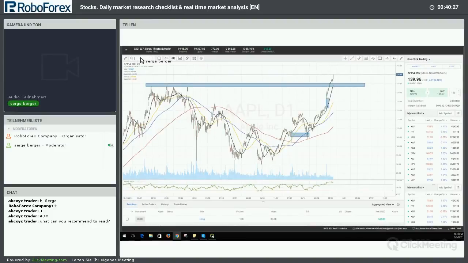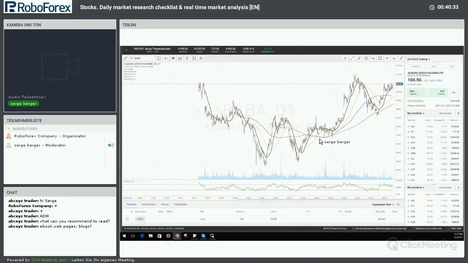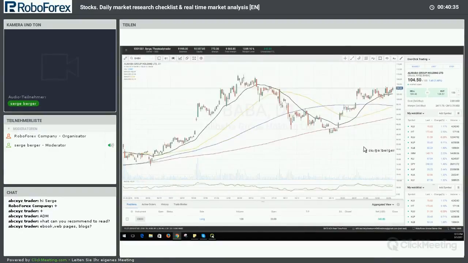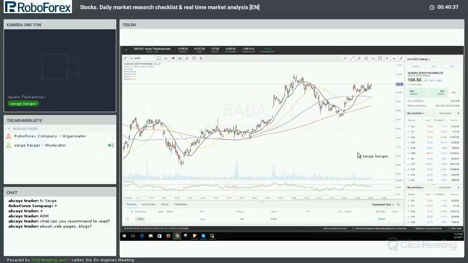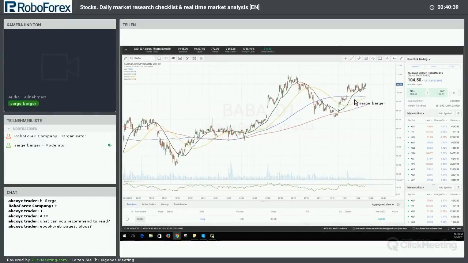All right, so one stock coming up is Alibaba. Let's have a quick look at it. It's actually a stock I just looked at this morning, and in my opinion, the stock is, like a lot of things, basically stuck in this range.